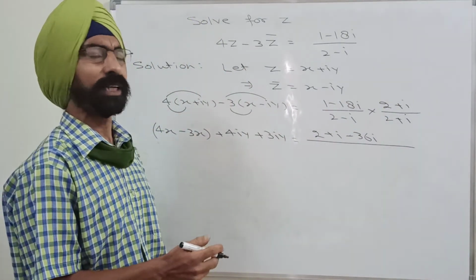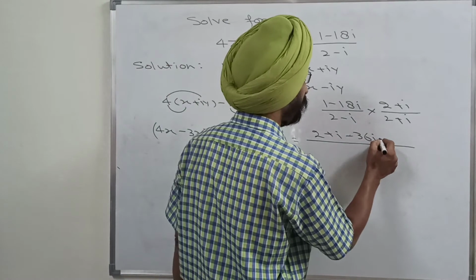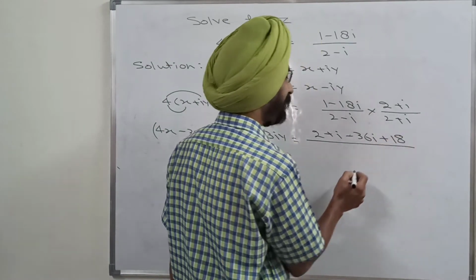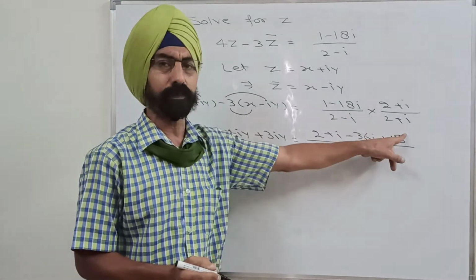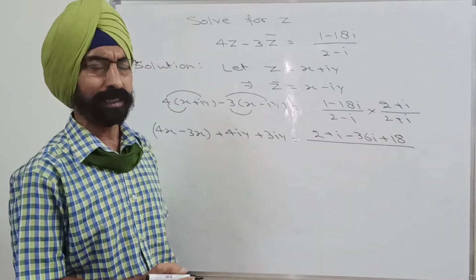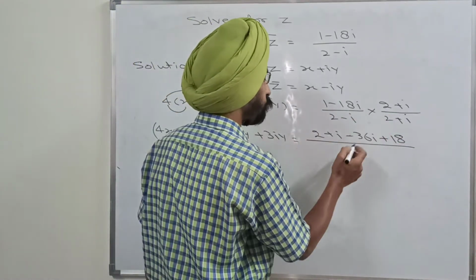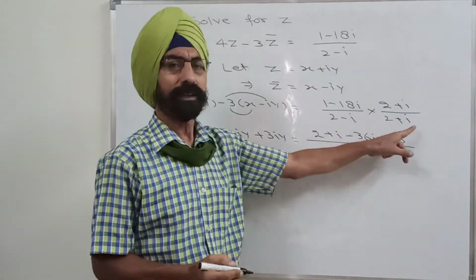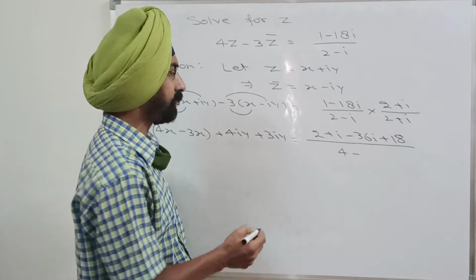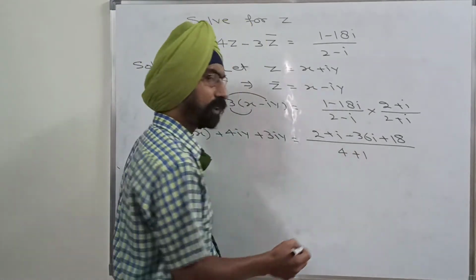But using iota square is equal to minus 1, it becomes plus 18, divided by a minus b into a plus b, that means a square minus b square. A square is 2 square, which is 4, minus b square is iota square, but iota square has the value minus 1, so it will become plus 1.